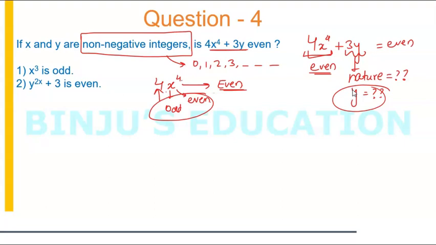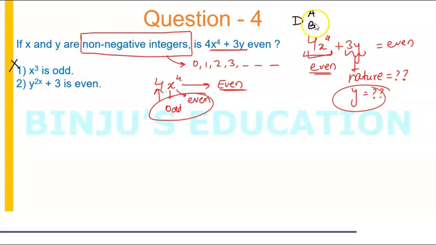I don't even have to look for the nature of x, because that's not going to help me at all. Just by looking at the two statements I can say that I don't need statement 1, because it has nothing to do with y. It's only about x cube being odd, so x is odd. And whether x is odd or even, 4x to the power 4 will always be even. So statement 1 is technically redundant for me.